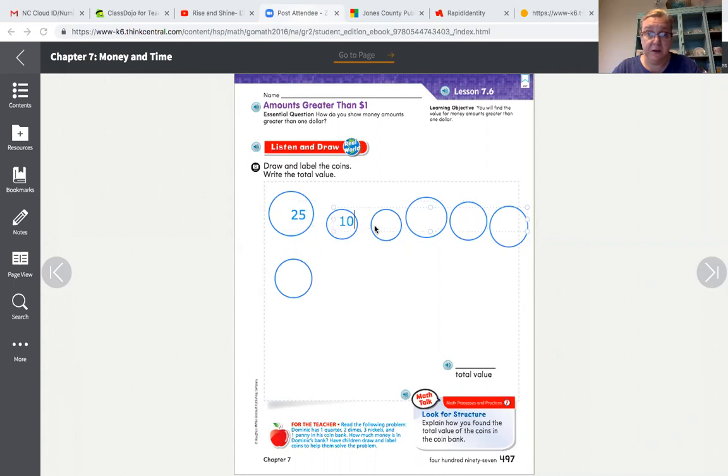This one is worth 10. Okay, so there was 2 dimes, and then we have 3 nickels, so this is worth 5. This is worth 5. And this is worth 5. And then down here is worth a penny.